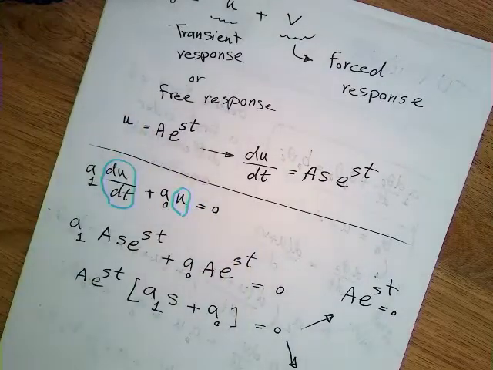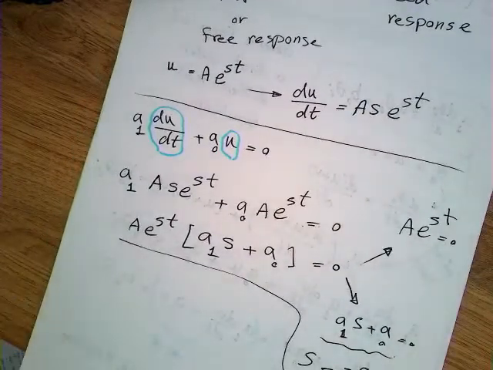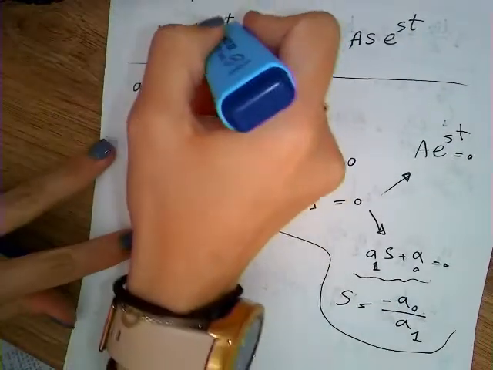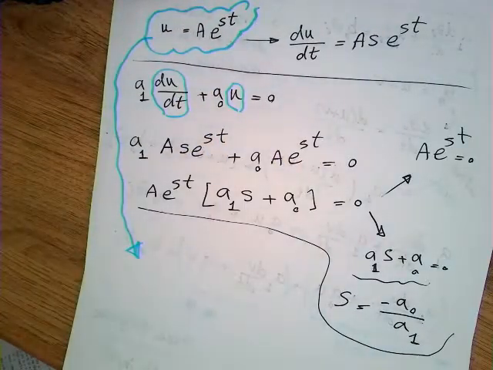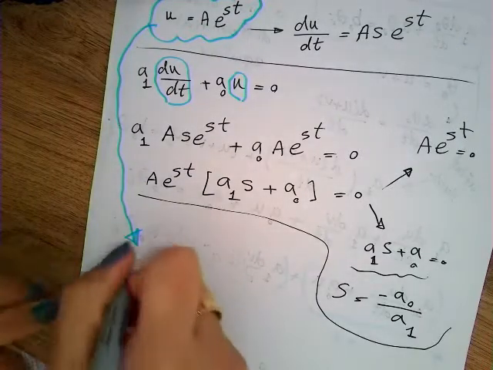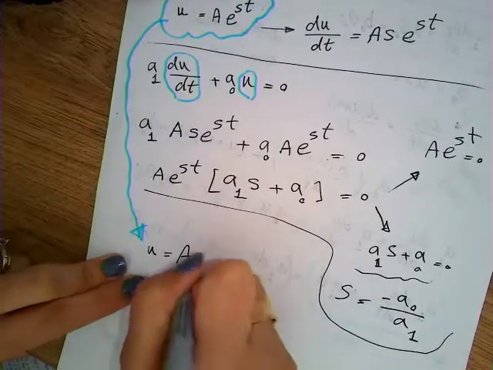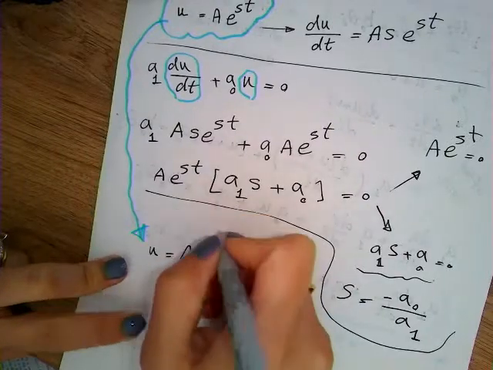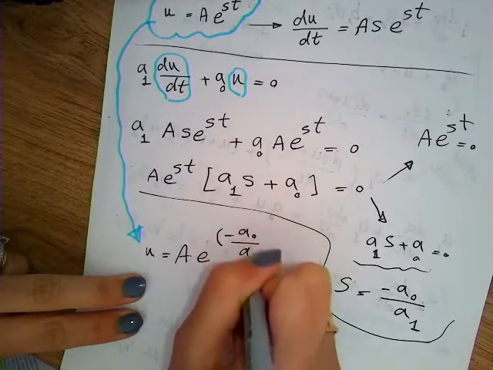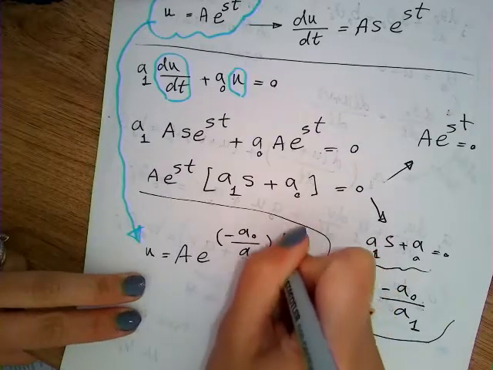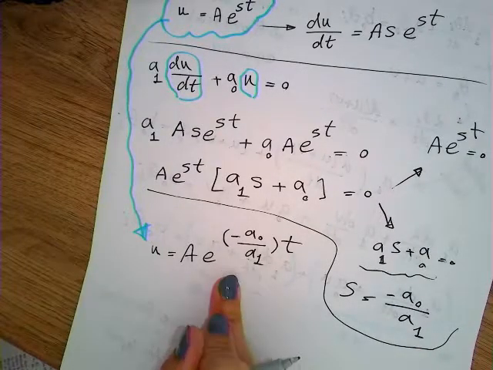By replacing that, my u will look like u is equal to the constant a, and then we have exponential e power minus a0 over a1 multiplied in t, and that is a nice solution for my u.